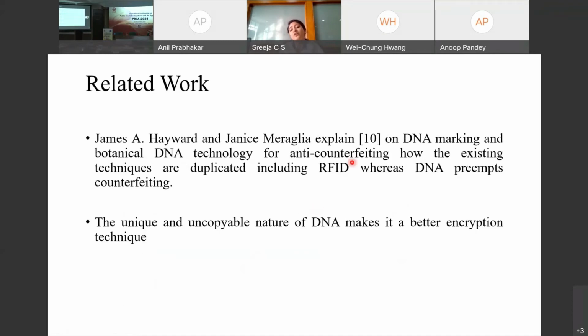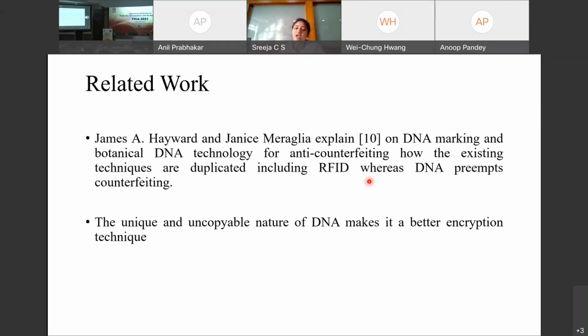Now, as you can see, though we have many techniques, you might be thinking, we already have RFIDs, we can connect RFID with PKI and so on, right? This is another paper which shows that though we have anti-counterfeiting techniques, these are duplicated, including RFID, whereas DNA preempts counterfeiting. This is what actually motivated me to think about how we can use DNA to resist counterfeiting.